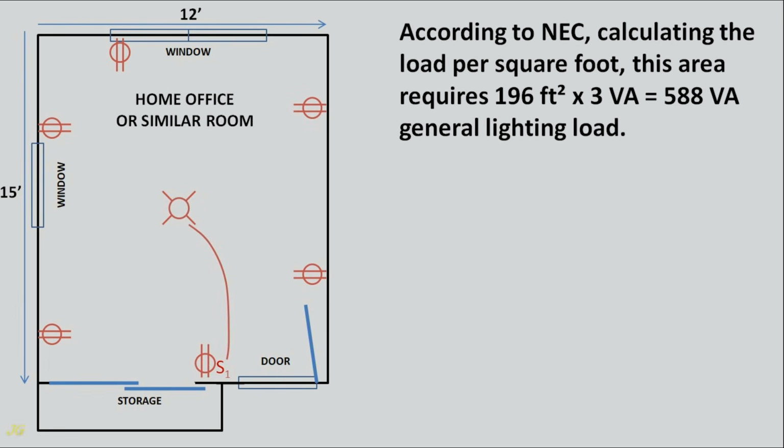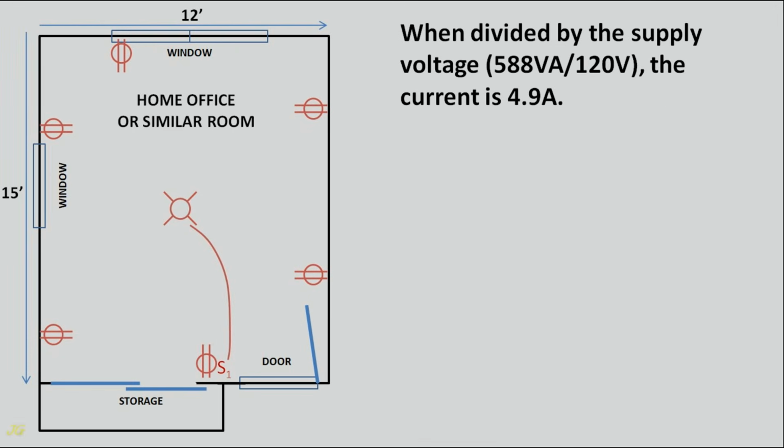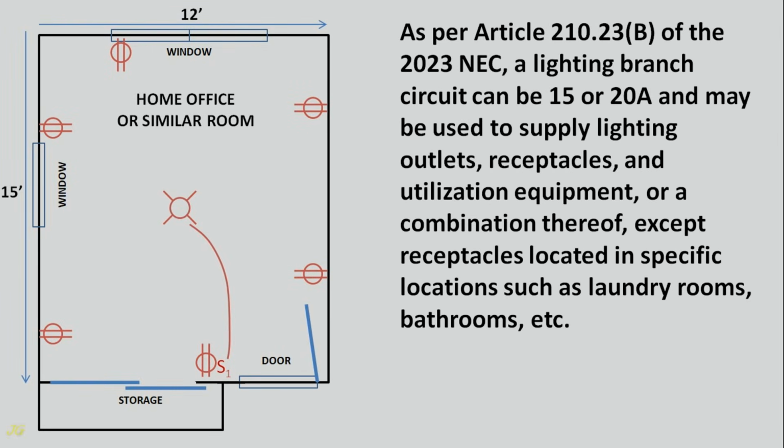According to the NEC, calculating the load per square foot, this area requires 196 square feet times 3 volt-amperes equals 588 volt-amperes general lighting load. When divided by the supply voltage, 588 volt-amperes divided by 120 volts, the current is 4.9 amps.